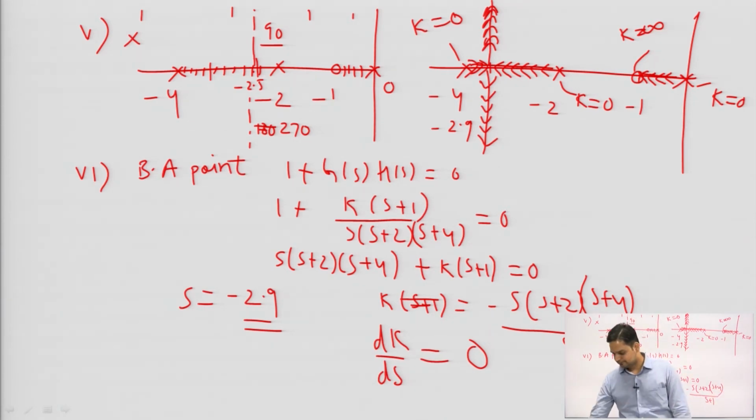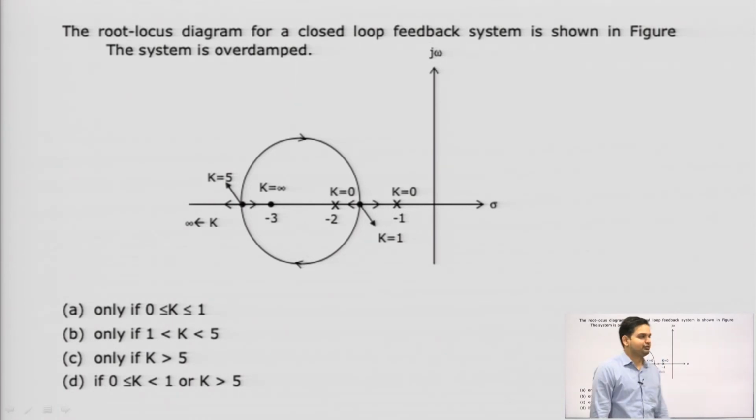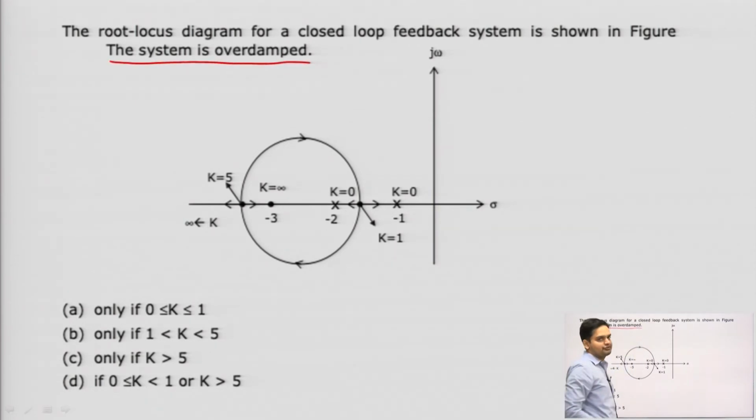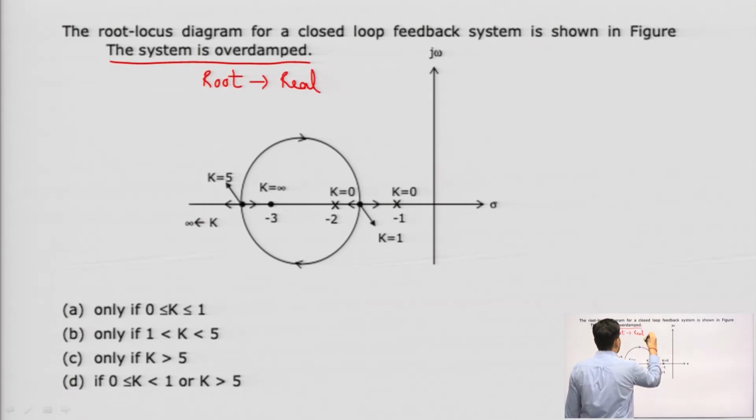The same way, one more question we can see. Here a root locus is given and we need to say what is the range of k for which our system is overdamped. This is the root locus, and various values of k are given. For overdamped, what is the condition? Our roots should be real and distinct.